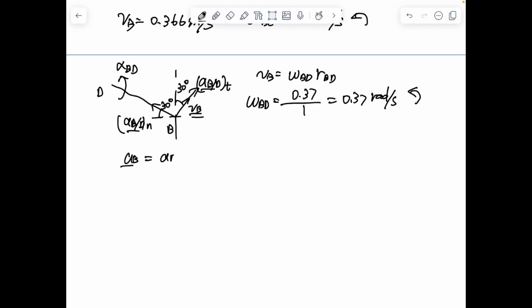AB is equal to AD plus AB with respect to D, and AD is equal to 0.